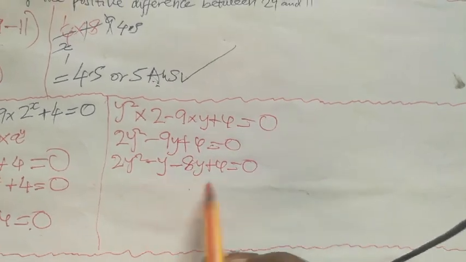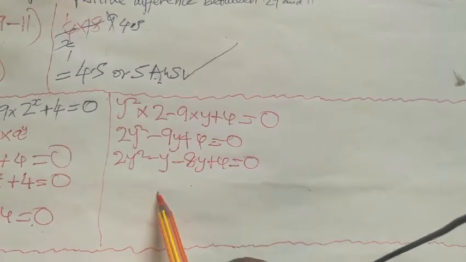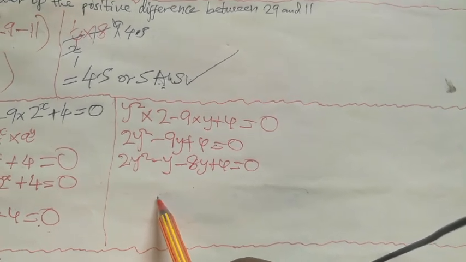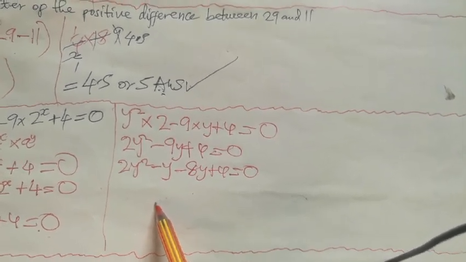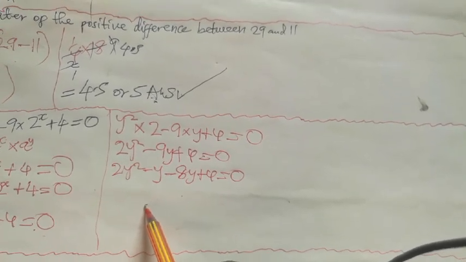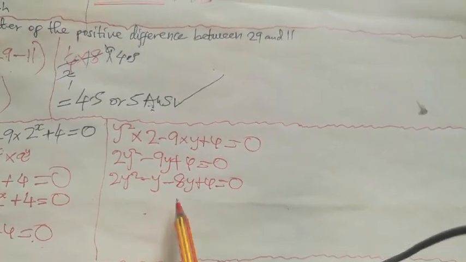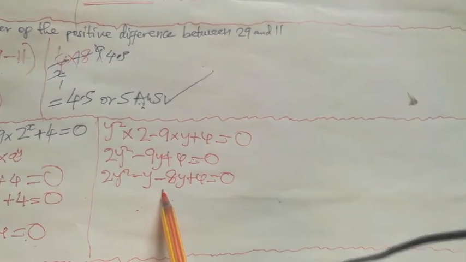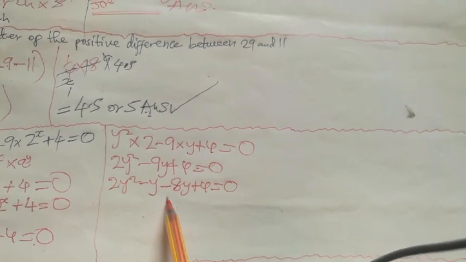Here we are going to look at two numbers which, when you multiply, give the product.